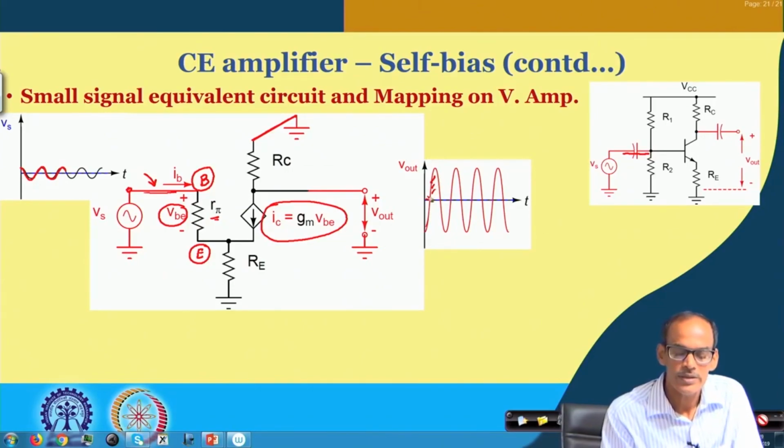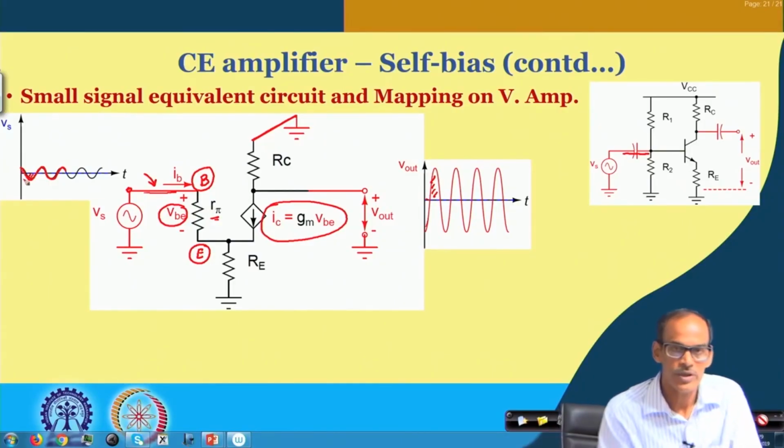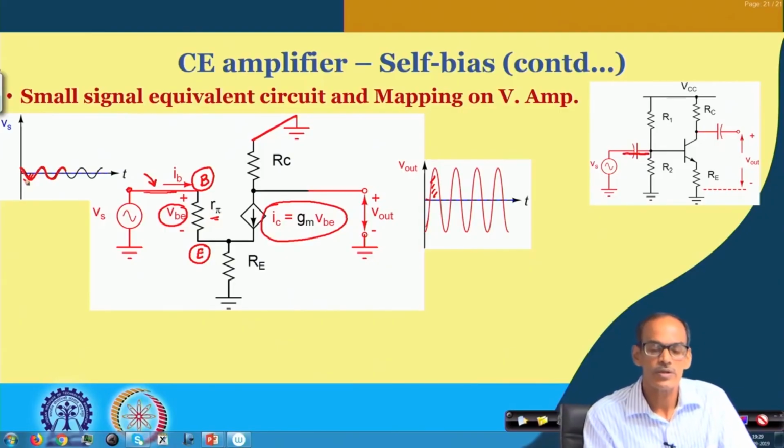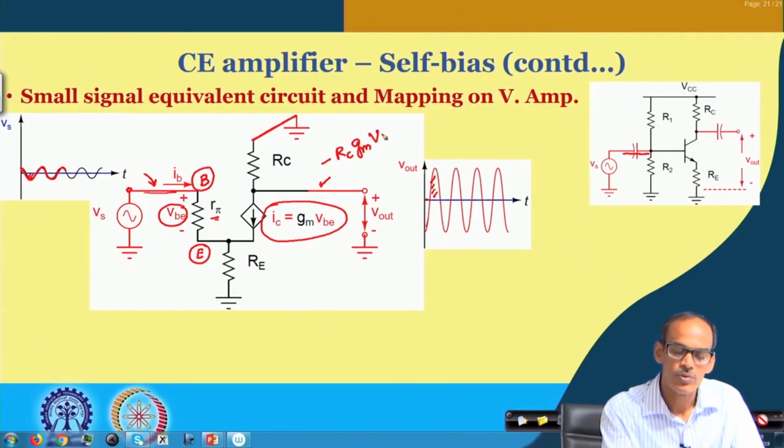And in this illustration, as I said, the signal here is in opposite phase of the input signal. That is because the voltage coming here is minus RC into gm into VBE.